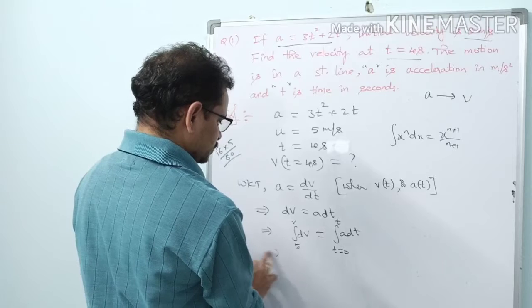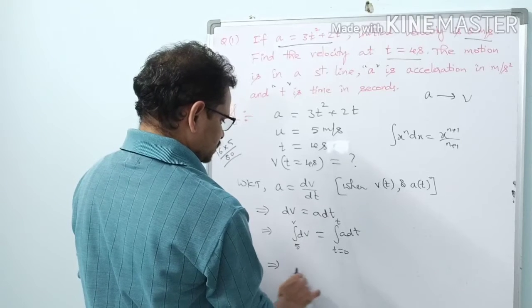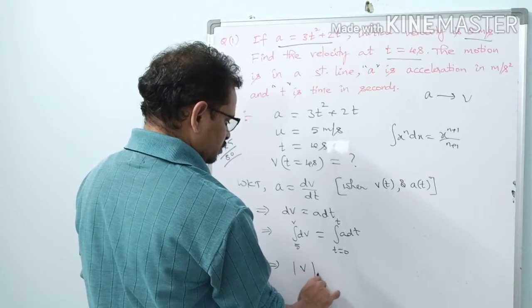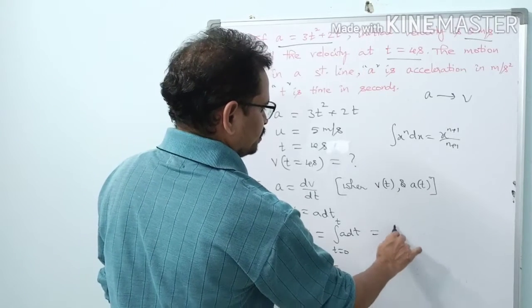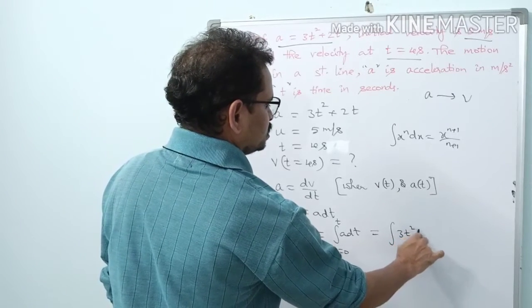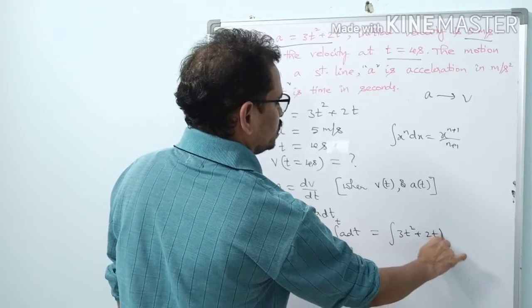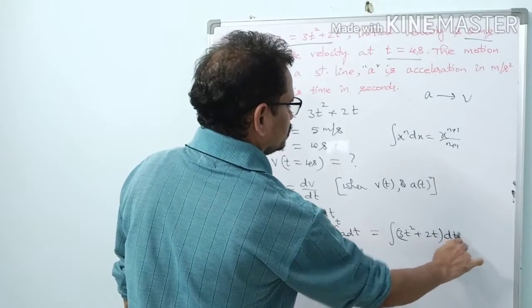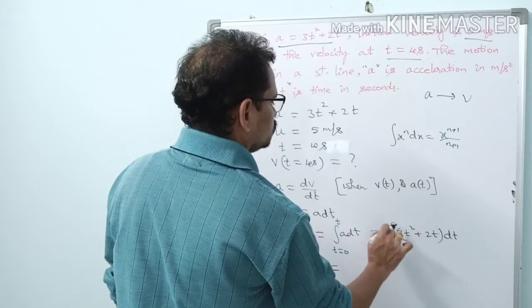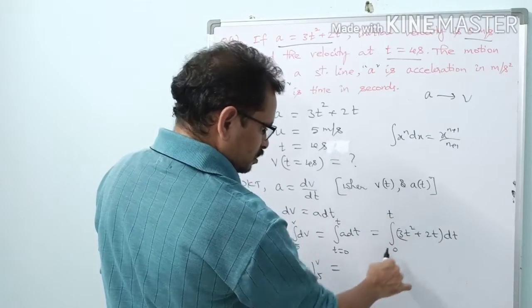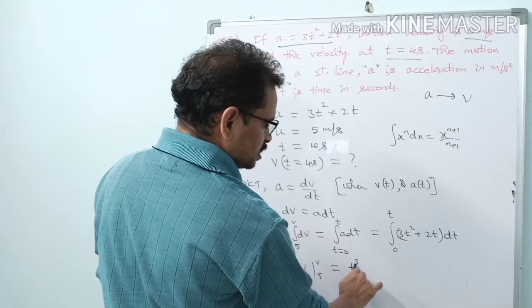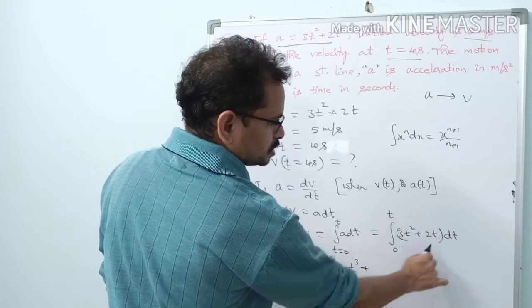So this implies v, lower limit 5, upper limit v, is equal to, let me write here, the integral of 3t square plus 2t dt, with limits time t equal to 0 to some t seconds. After integrating, what we are getting here is t cube plus t square by 2 times 2, therefore this is t square.